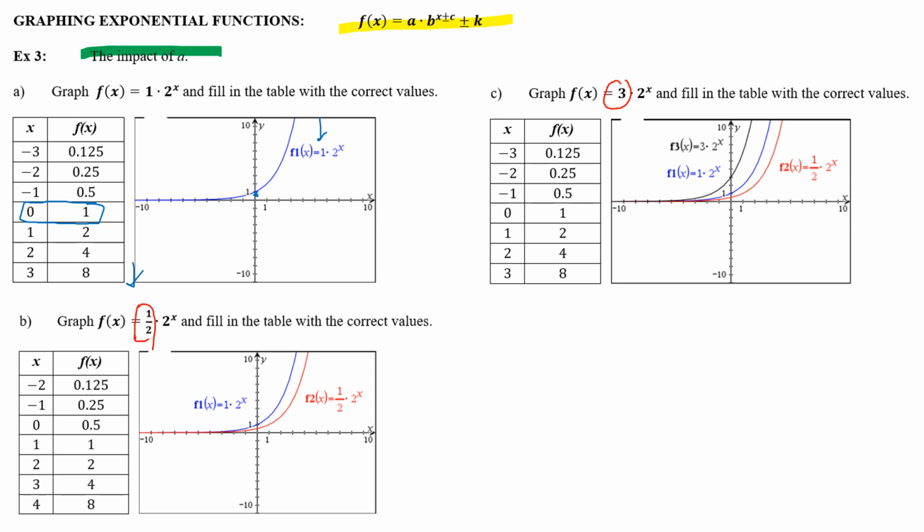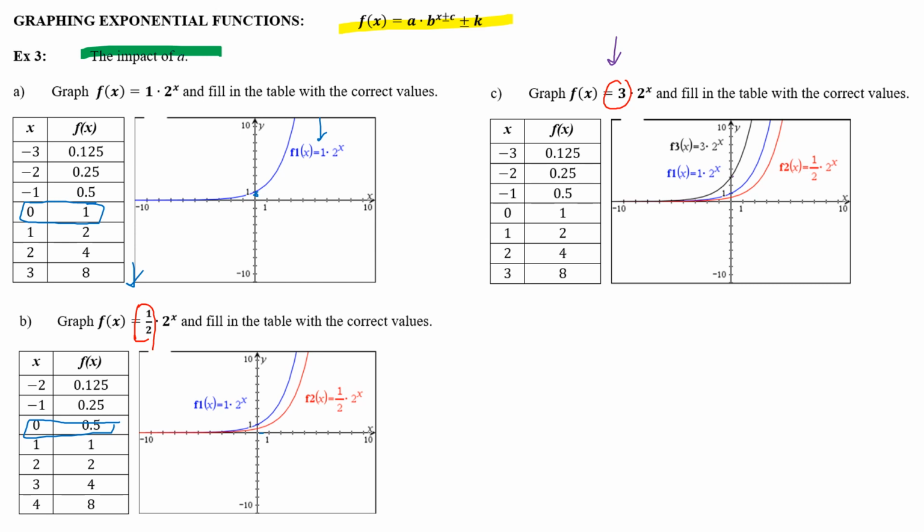You'll notice the red graph, instead of being at 0, 1, is at 0, 1/2. So now our starting value is 1/2. We can then make the prediction that a is changing where we start. And if we're correct, look at c. a is 3, so that tells me my graph should start at 3. And sure enough, it starts at 3.